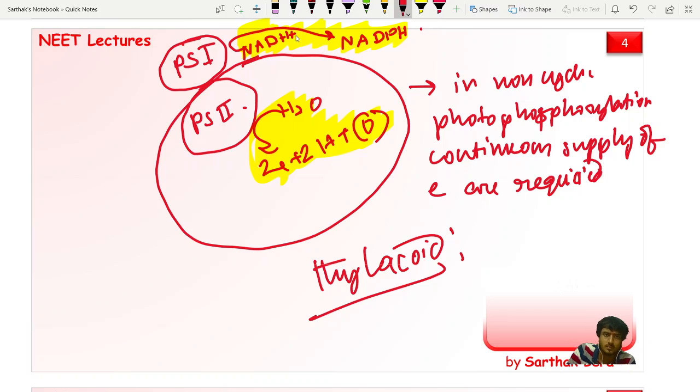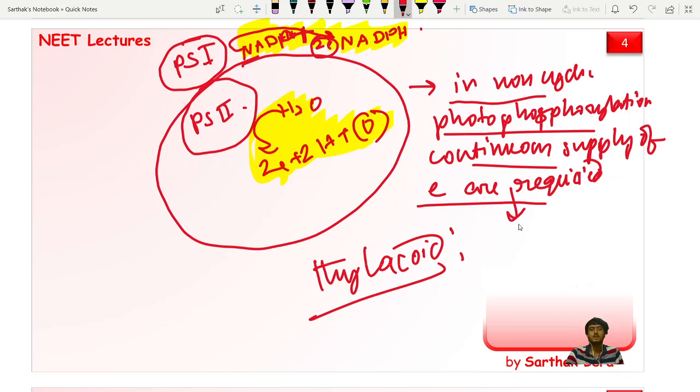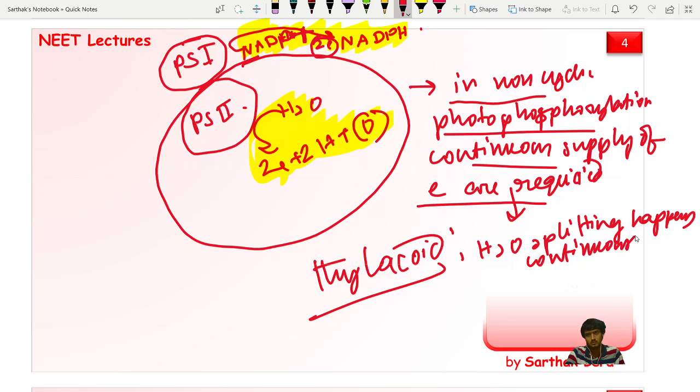Because NADP plus here gets reduced to NADPH, and to get reduced, electrons are required. Because of this requirement, a continuous supply of electrons is required in non-cyclic photophosphorylation. So here H2O splitting happens continuously.